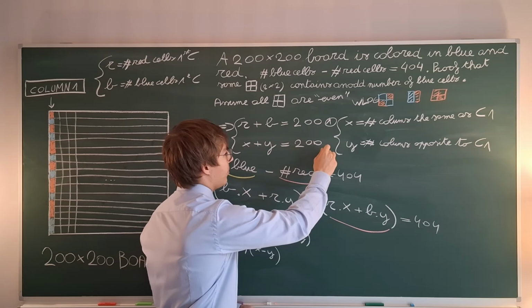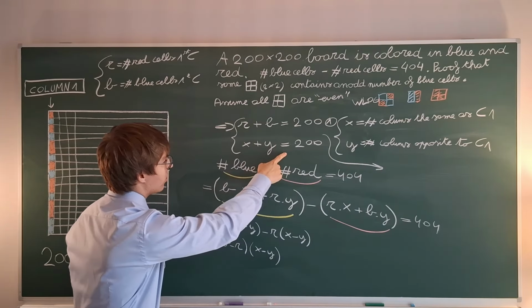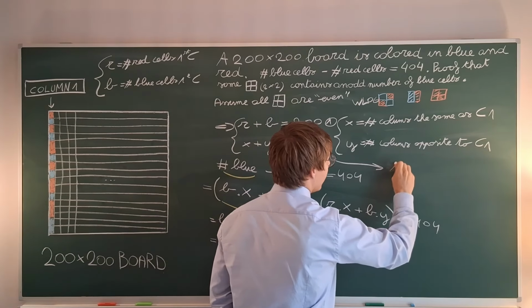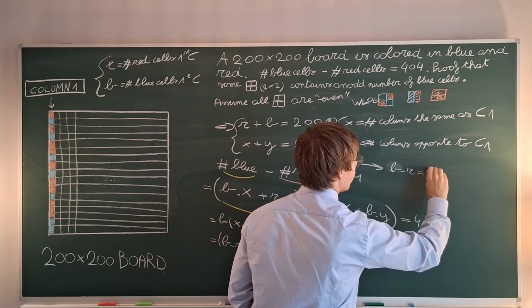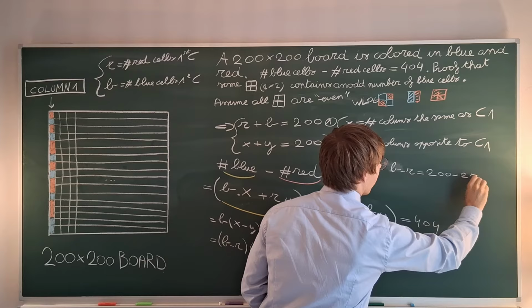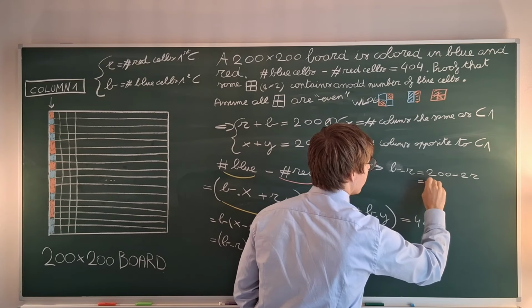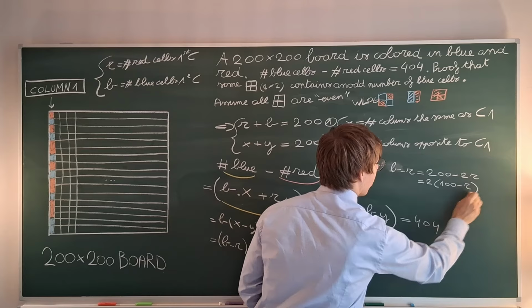Now notice that from these equations, we get that b minus r is equal to 200 minus 2r, which is 2 times 100 minus r.